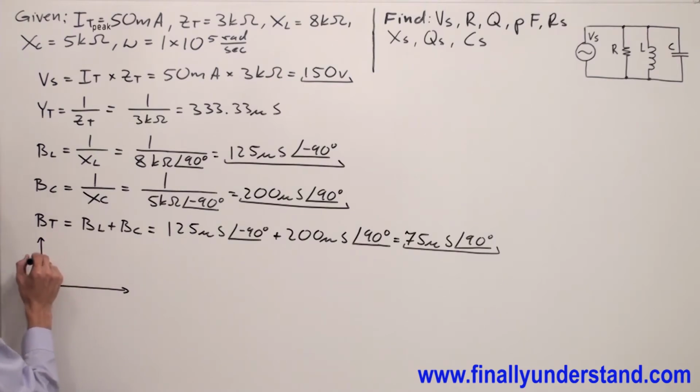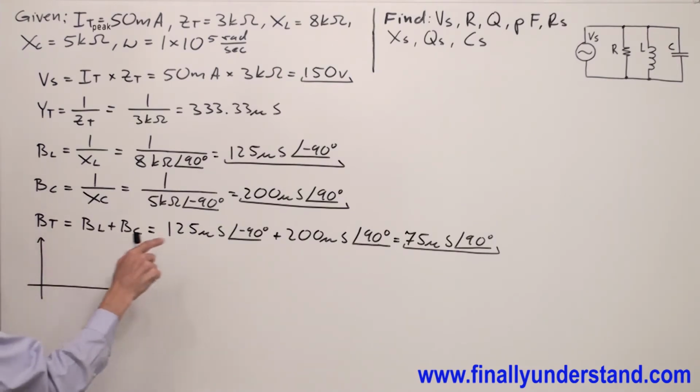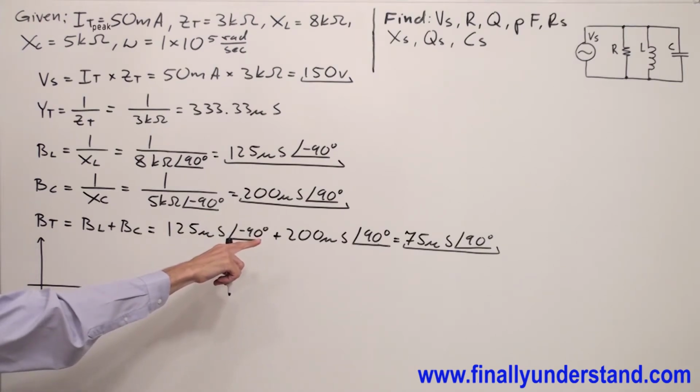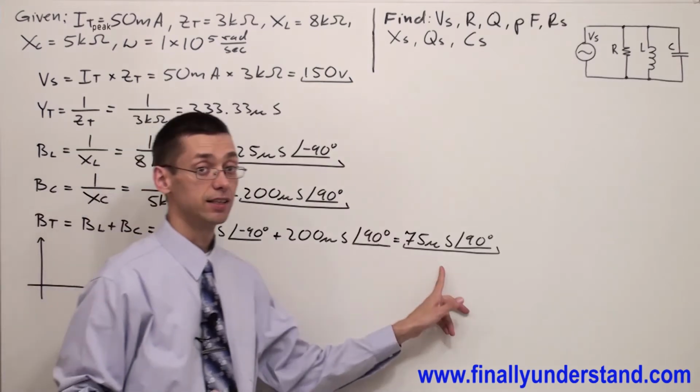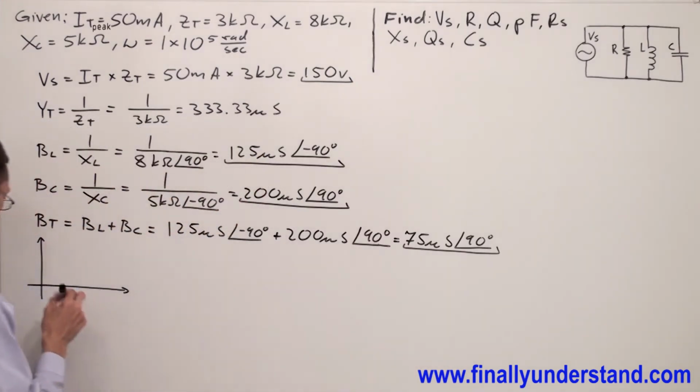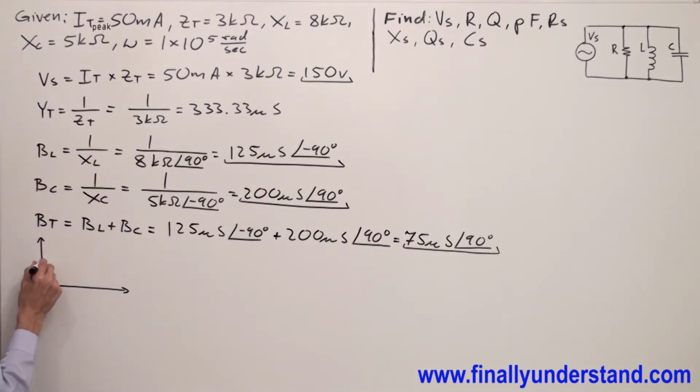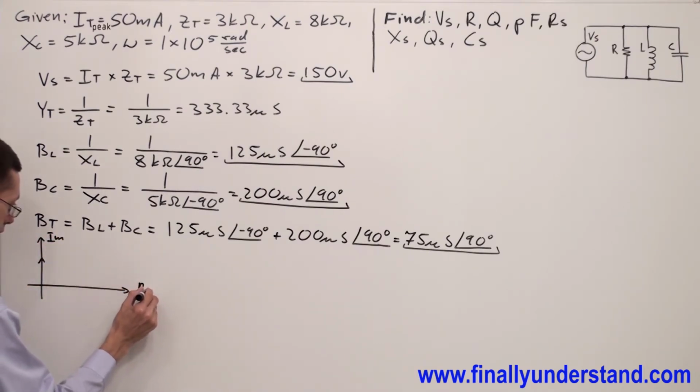Okay, so what we have so far? We have B total, which has magnitude 75 microsiemens and angle of 90 degrees. So we are going to have a phasor which will lay down on the imaginary axis. This is the real axis.